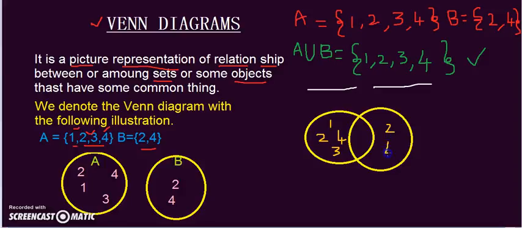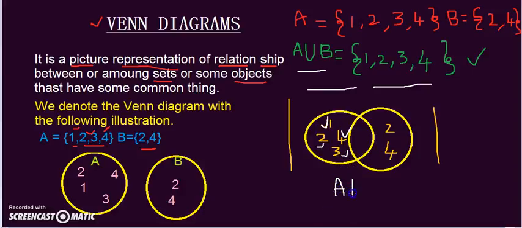So my new set A union B is the entire set of A as well as B, which is the union. So I have to consider all the elements in A and all the elements in B. So my new set A union B will be 1, 2, 3 and 4, and 2 and 4 we already have.